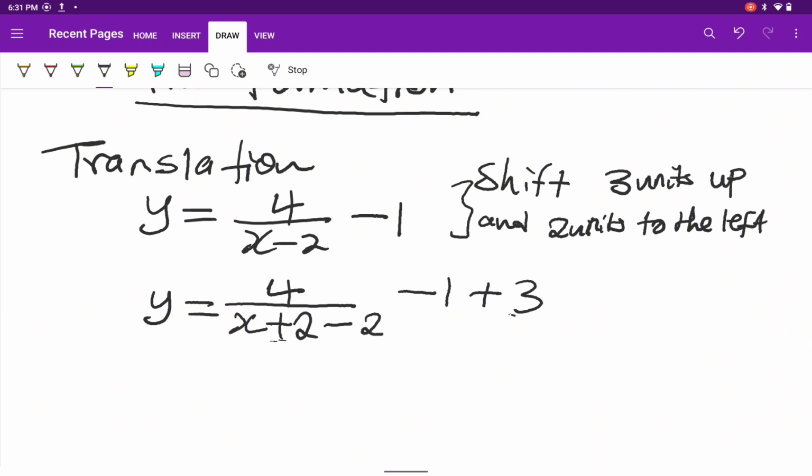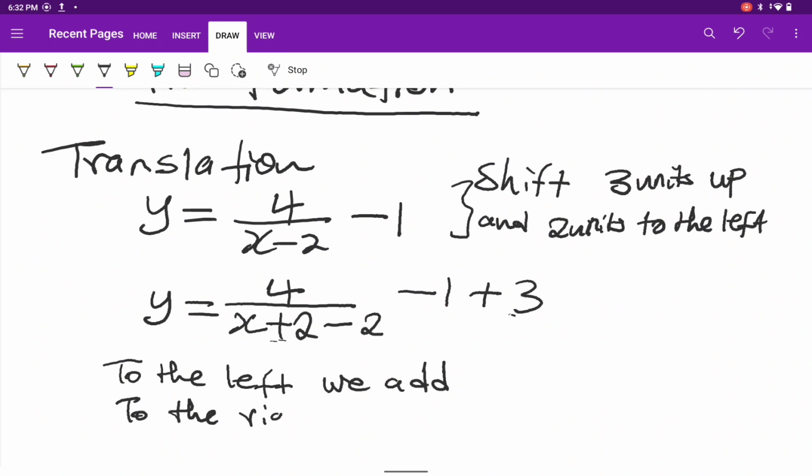So I can even say here that to the left we add, and to the right we subtract.